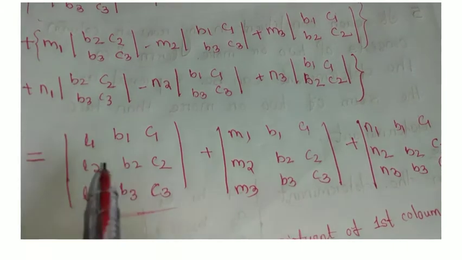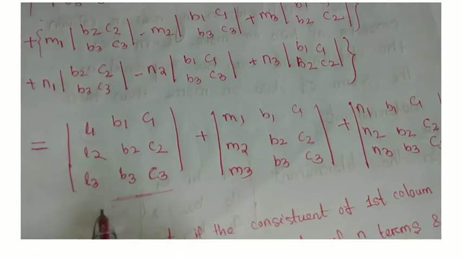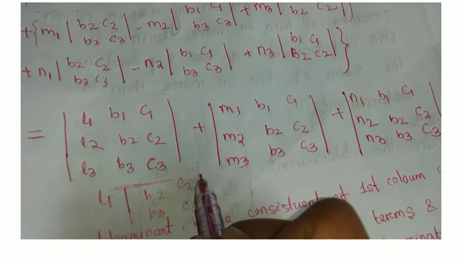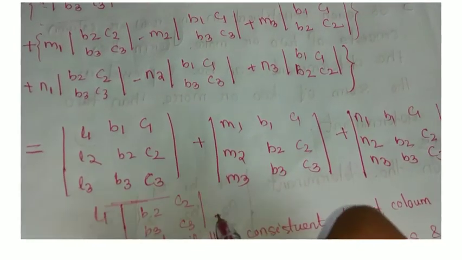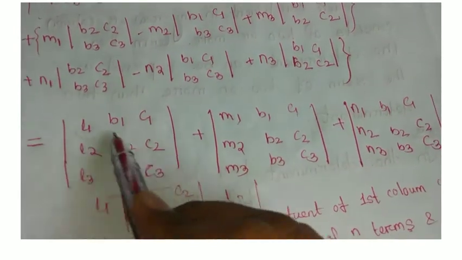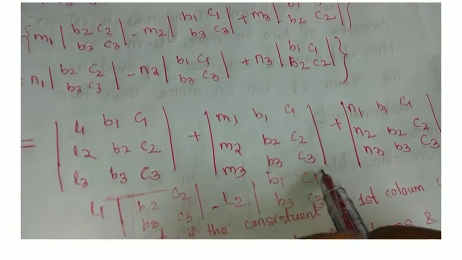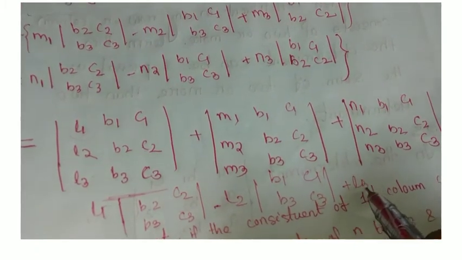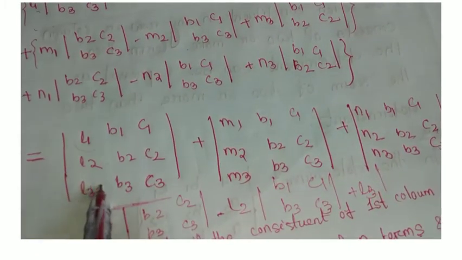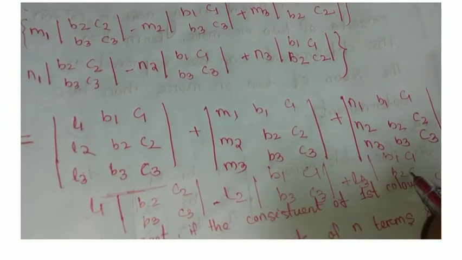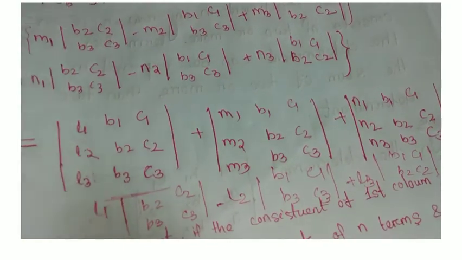See, if we expand this determinant, we have L1 into B2, B3, C2, C3 and minus L2 into B1, C1, B3, C3 plus L3 by closing this row and this column, B1, C1, B2, C2. This is equal to this.